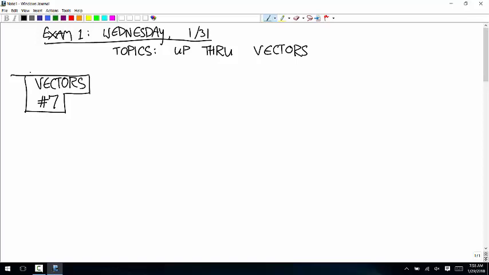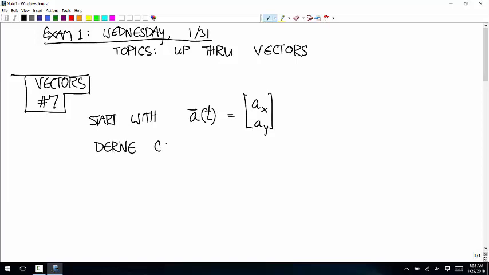Okay, so we're going to start with the acceleration vector as a function of time is equal to ax, ay, and those are constants, they're not functions. And we're going to derive the constant acceleration equations. And really the derivations go just like they do in 1D.